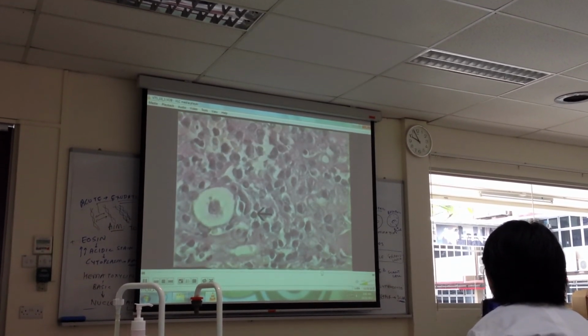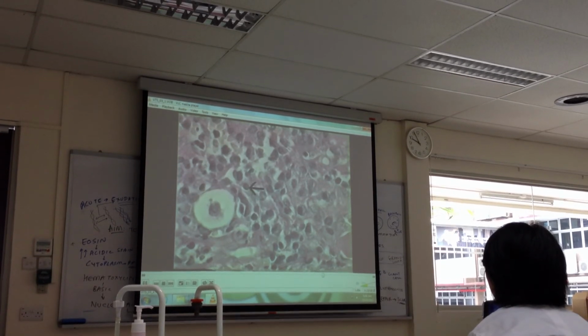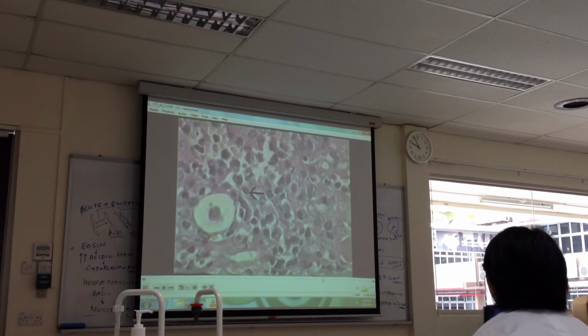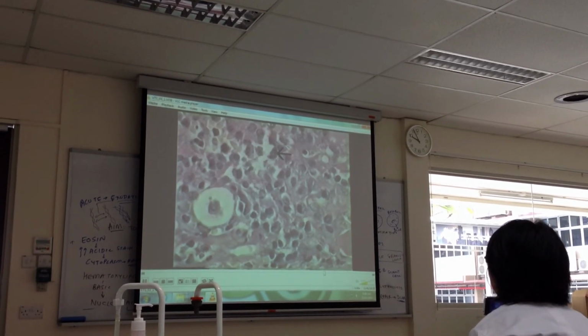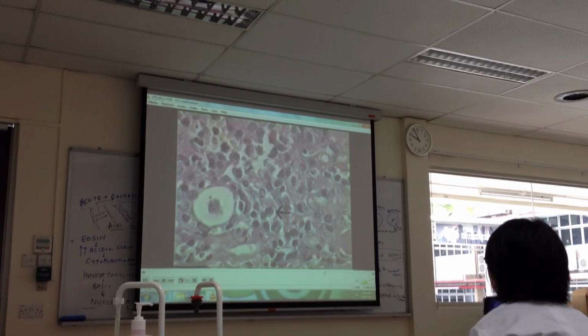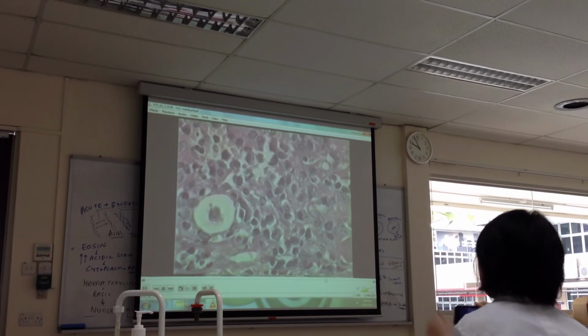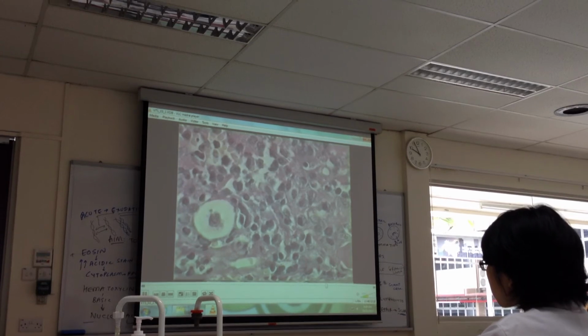Here are lymphocytes. And plasma cells. This is a chronic inflammatory infiltrate.